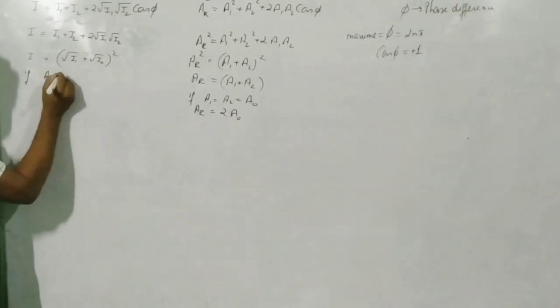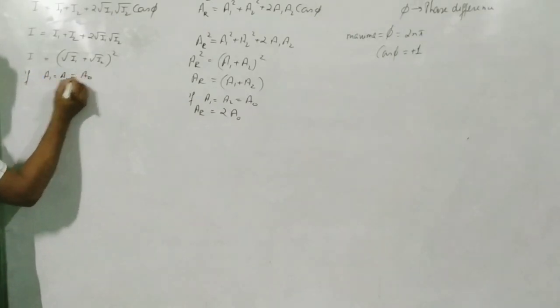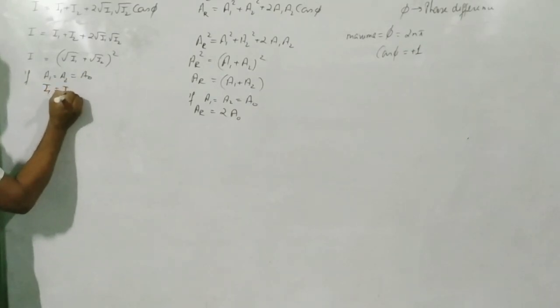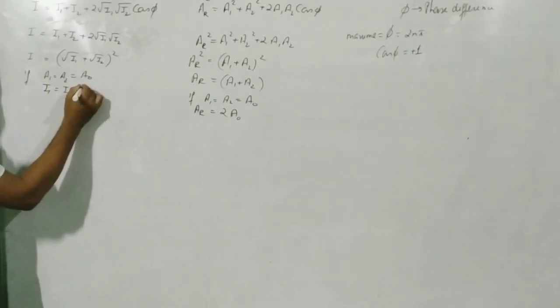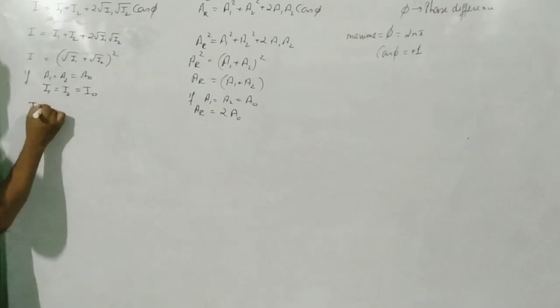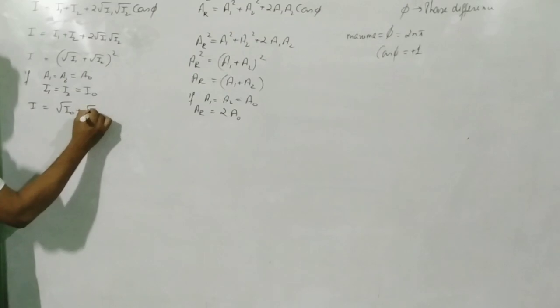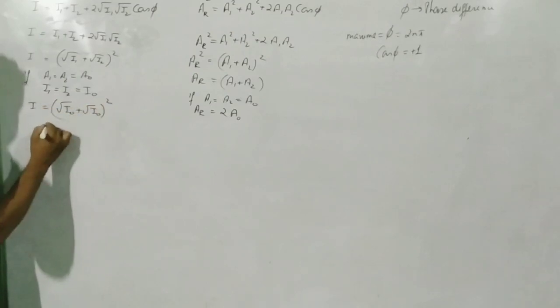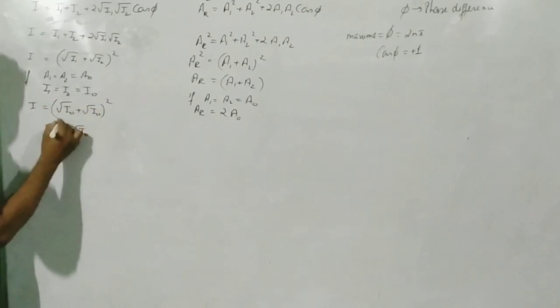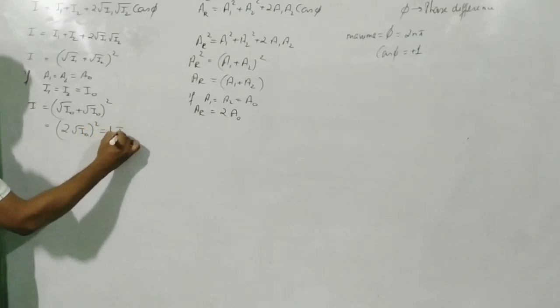If your A1 is equal to A2 is equal to A0, that means I can write I1 is equal to I0, I2 is equal to I0. So the resultant intensity will be equal to root I0 plus root I0 the whole square, and that is equal to 2 root I0 the whole square, and that is equal to 4 I0.